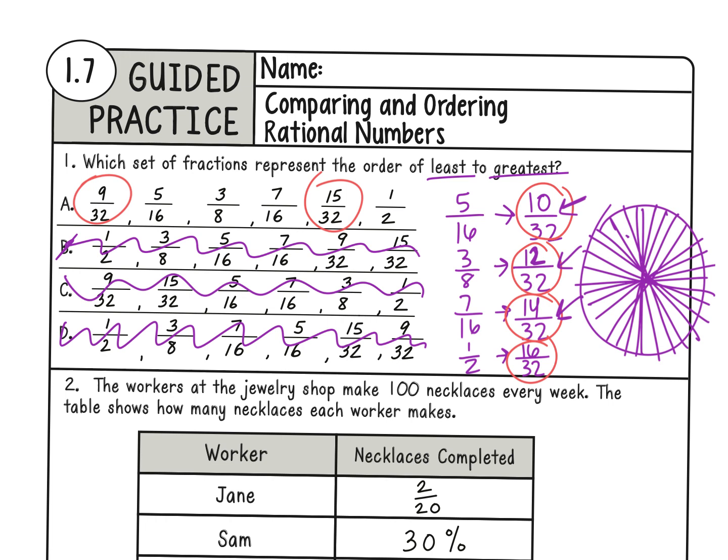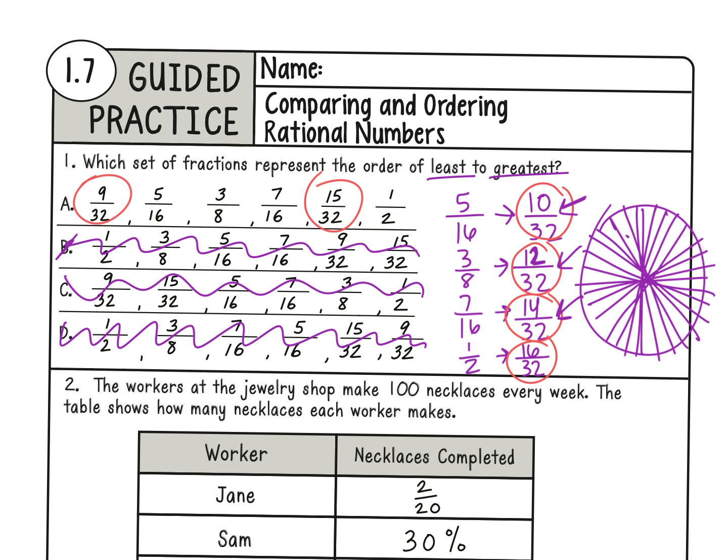Now listen, the reason we had to do it this way is because we've got to make it all equal. Okay, I've got to figure out, well, if I said, hold on. If I said, Blakely, I'm going to give you 9/32 of this pizza. She's getting 9 tiny little slivers.